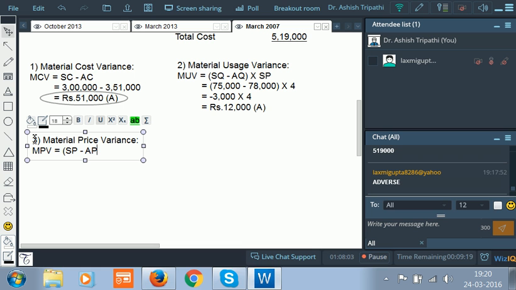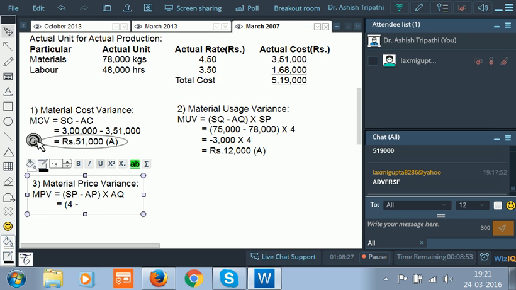So we will say MPV, that is material price variance, is equal to standard price minus actual price into actual quantity. Put the values.